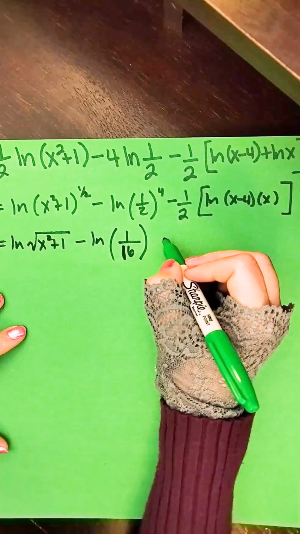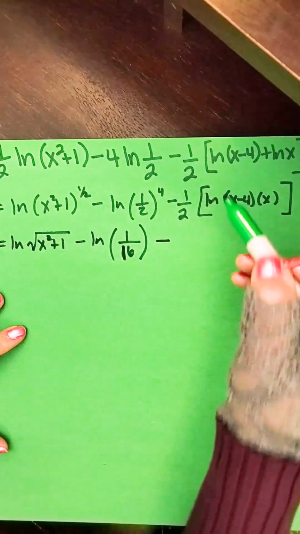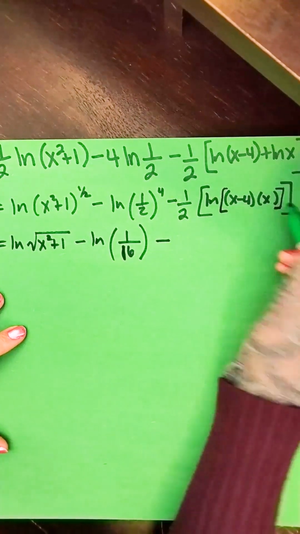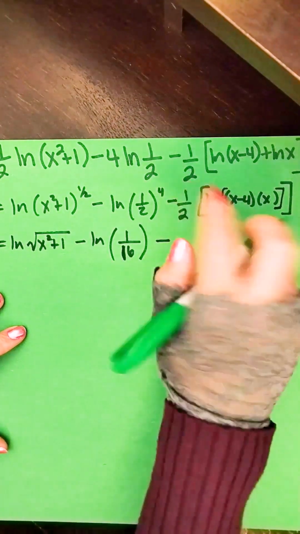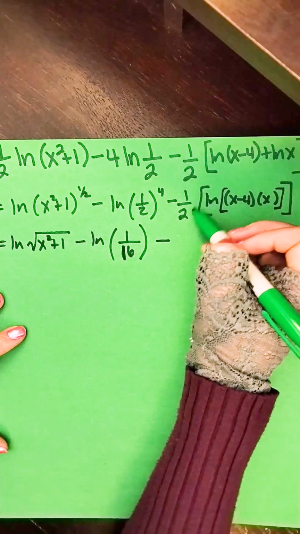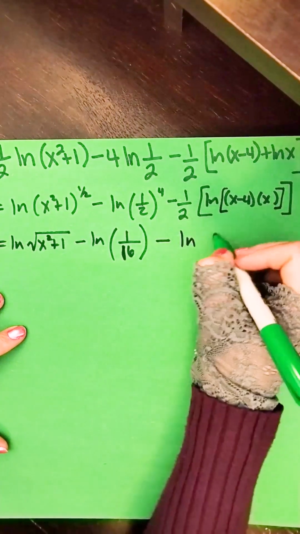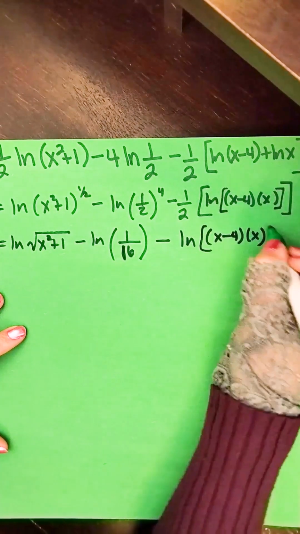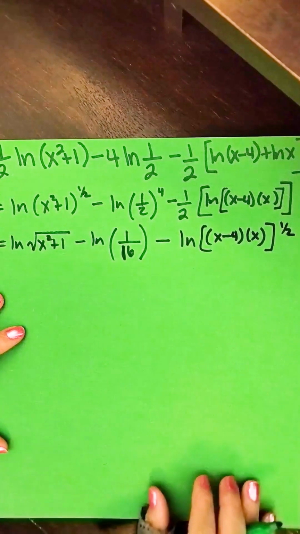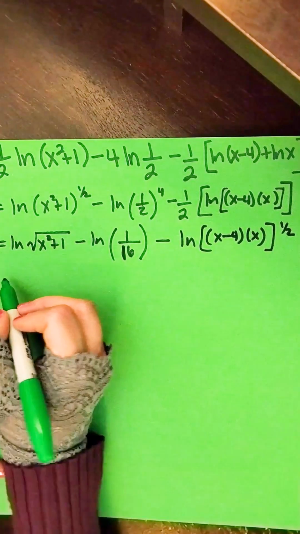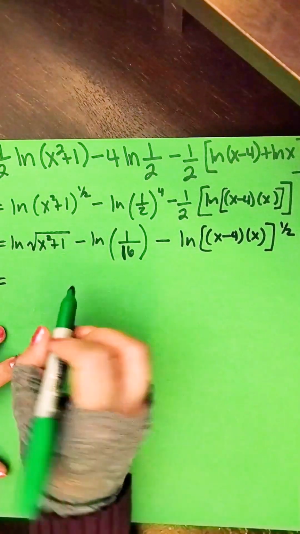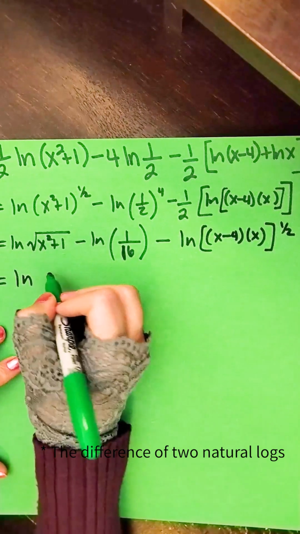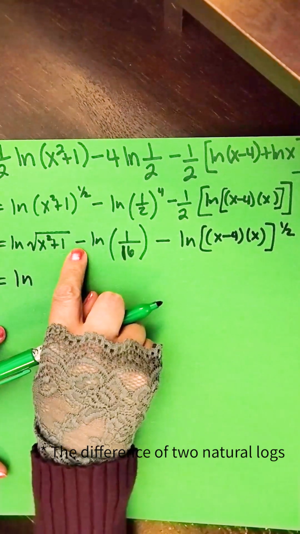And then here I have minus, I'm going to write the 1/2 as a power, because these numbers in front of the log can be written as powers. So to the 1/2. And now I have the natural log of a difference.